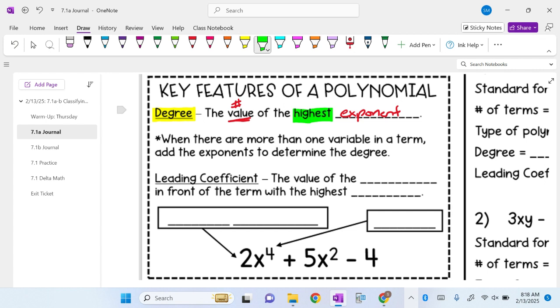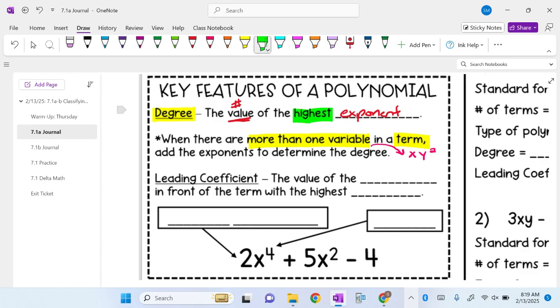Now, you won't see this often in this class, but occasionally you will have more than one variable in a term. For example, if you had xy squared, that's one term, with more than one variable in that term.